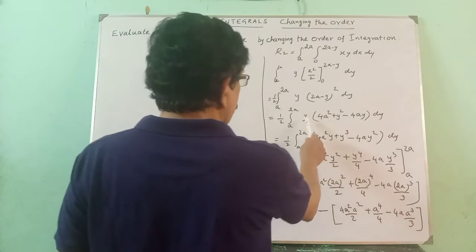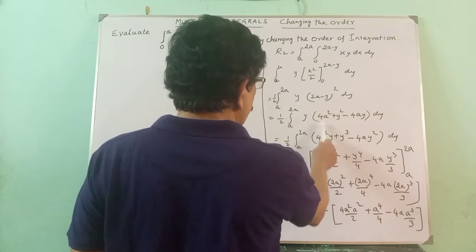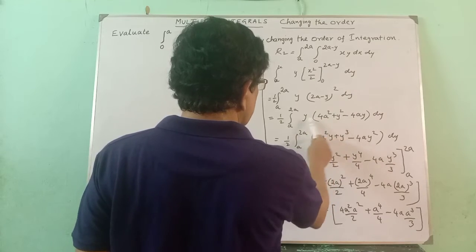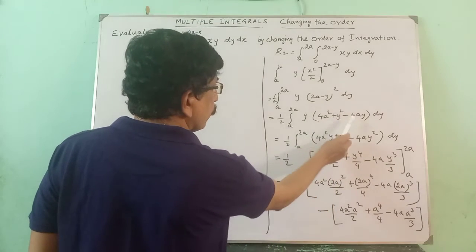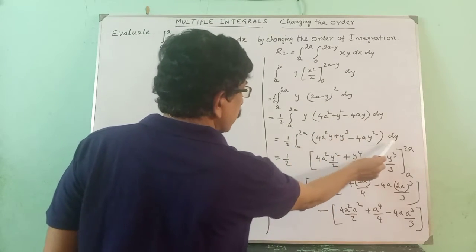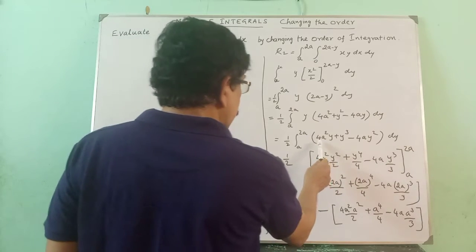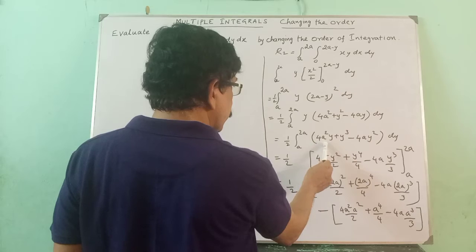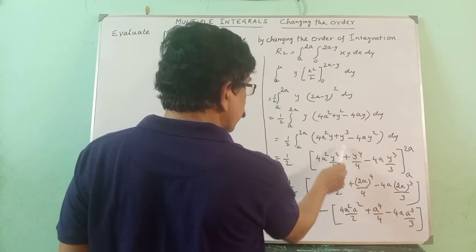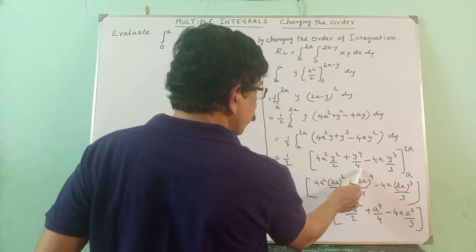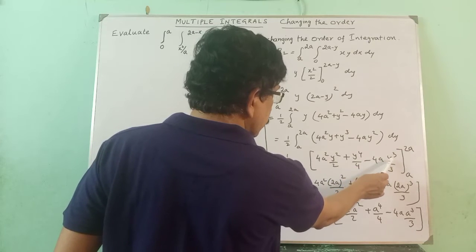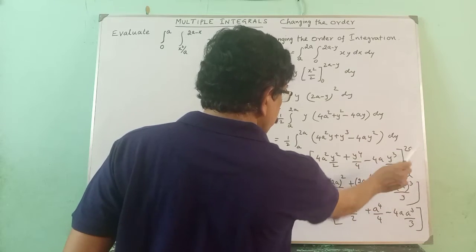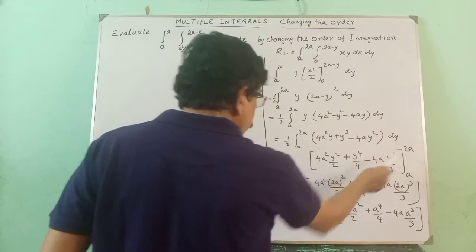One by 2 multiplied by the integral of 4a square y plus y cube minus 4a y square dy. Integrating with respect to y: 4a square is constant, y integrates to y square by 2, y cube to y power 4 by 4, y square to y cube by 3, with 4a constant. Limit 0 to 2a. First we substitute the upper limit.